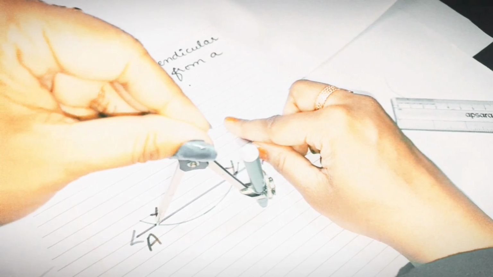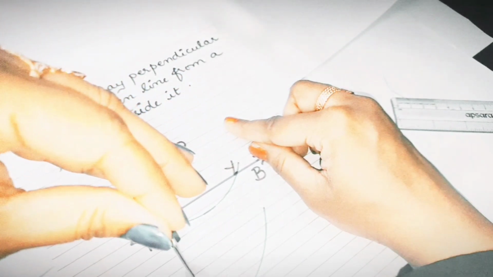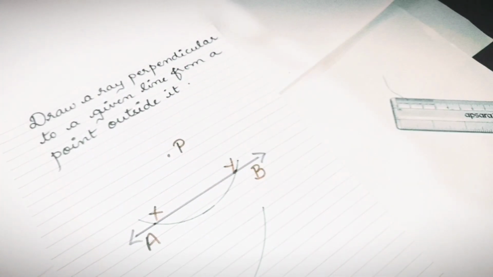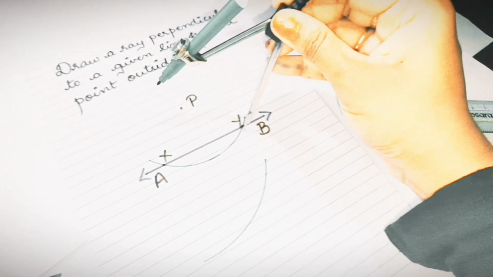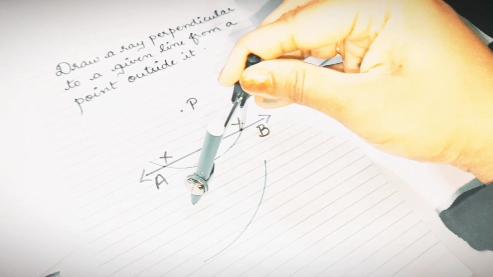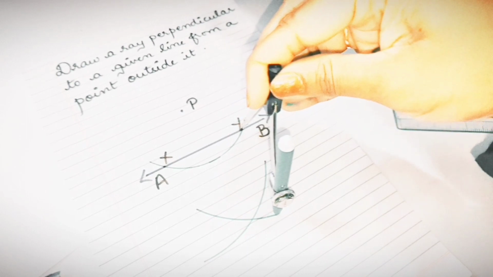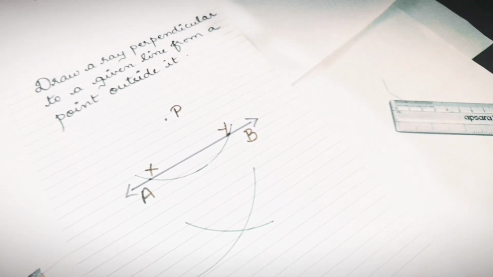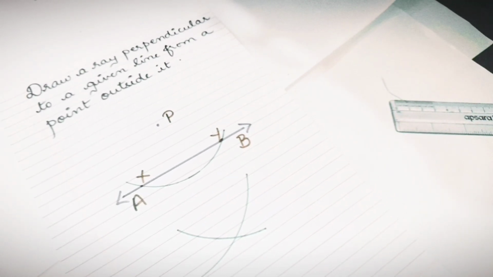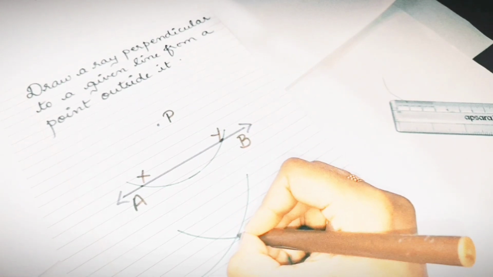Now center the compass at X and with a radius greater than half of XY, draw an arc. Again, without changing the radius, center the compass at Y and draw an arc so that it cuts the previously drawn arc.